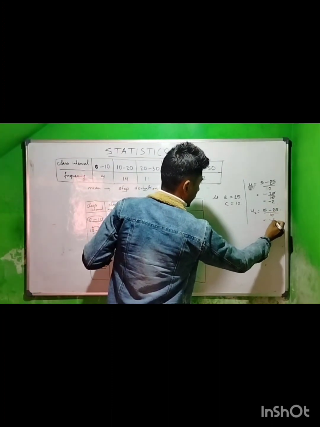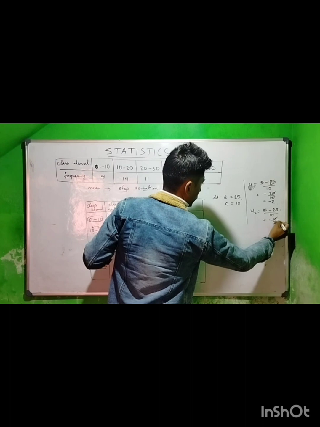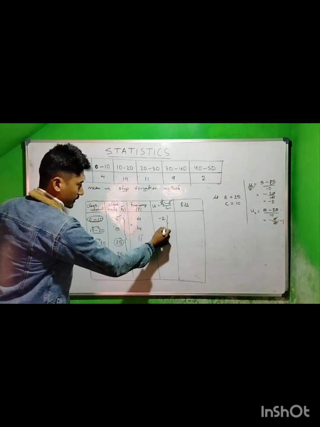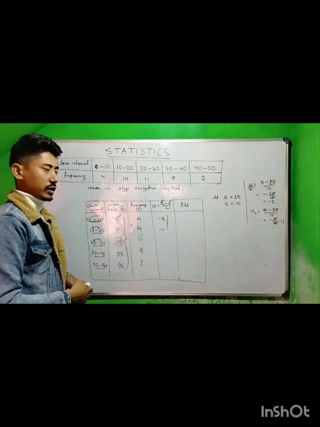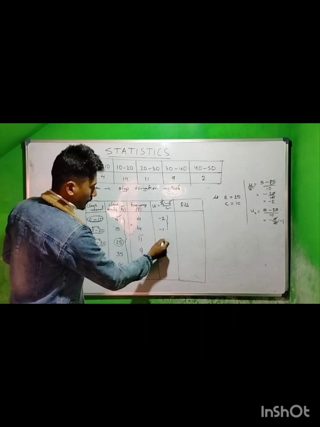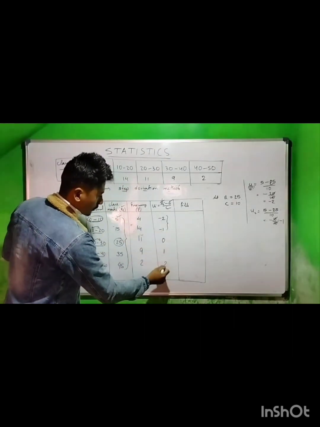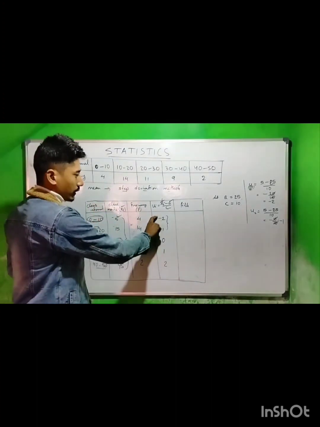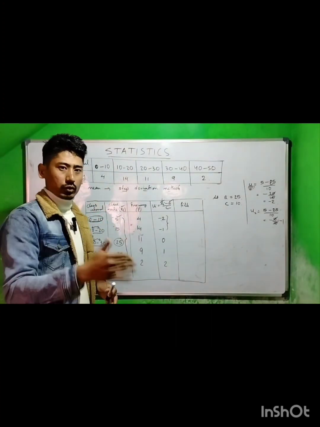So it is minus 10 over 10, which gives you minus 1. Now see the sequence, minus 2, minus 1. That means values are increasing by 1. So minus 2, minus 1, then comes 0, then 1, then 2. You don't need to calculate all the values. You just find two values, check the sequence and go along the sequence.